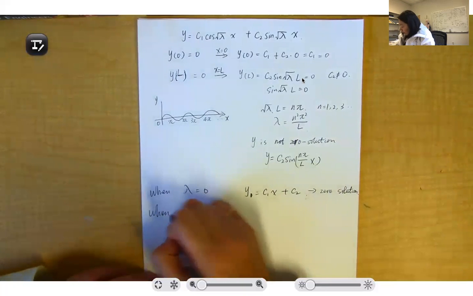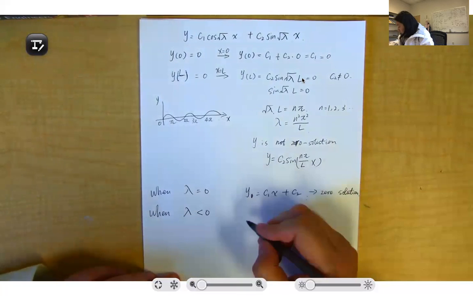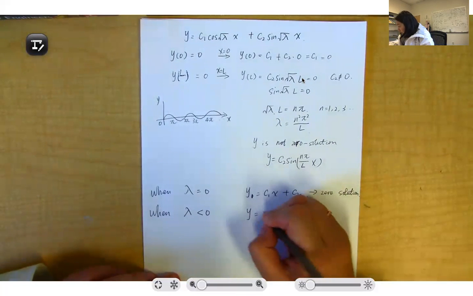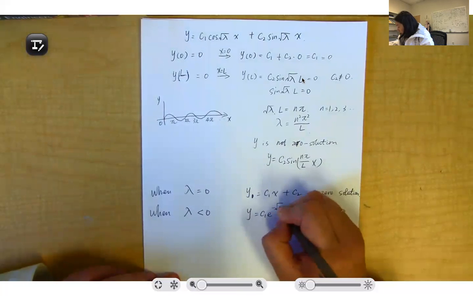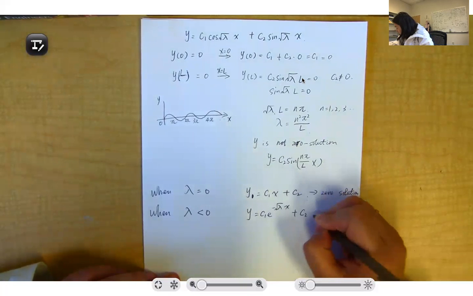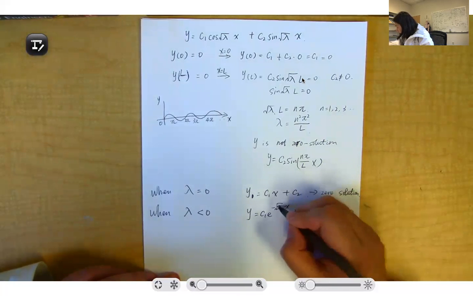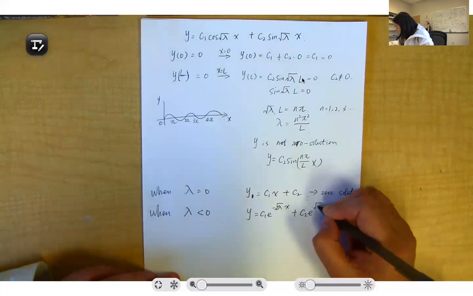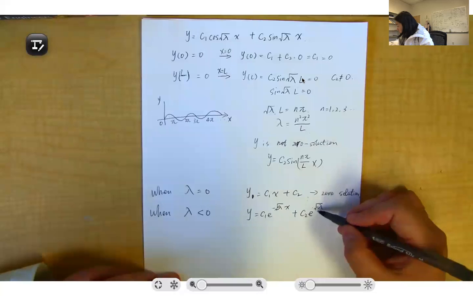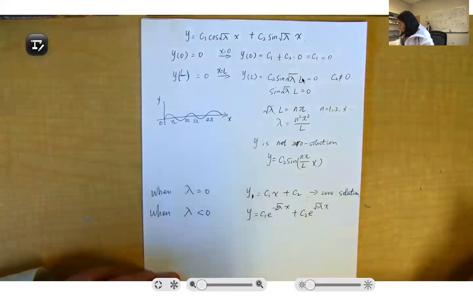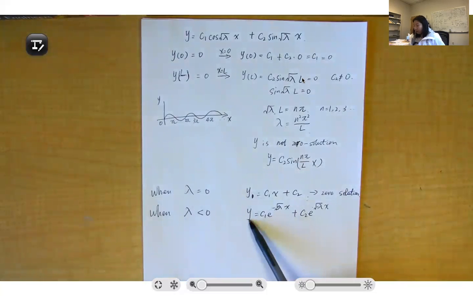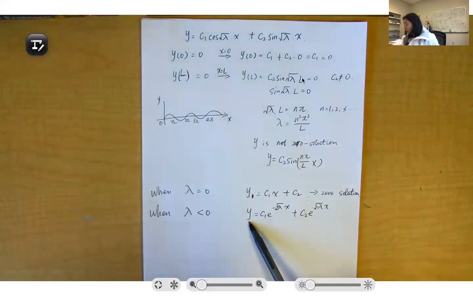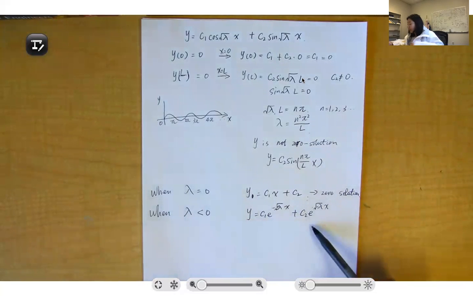When your lambda is smaller than 0, then you lead to the solution which is C1 times e to the negative root of negative lambda x plus C2 times e to the root of negative lambda x. And when you have y(0) equals 0 and y(L) equals 0, this also leads to a zero solution where C1 and C2 are equal to 0.